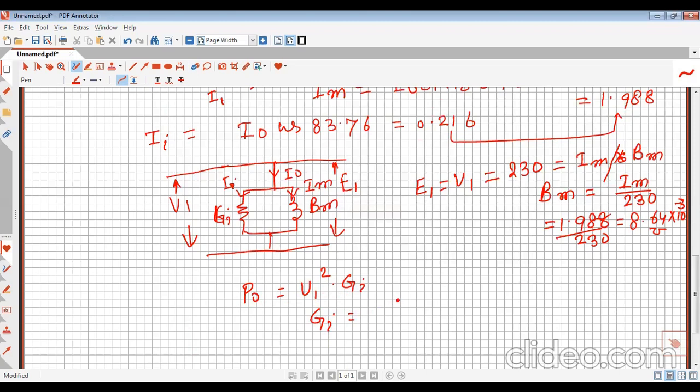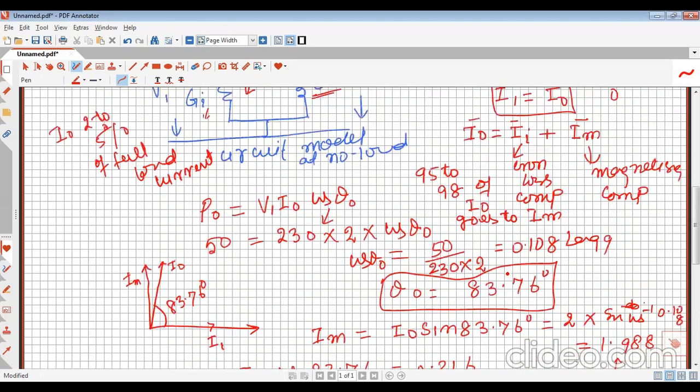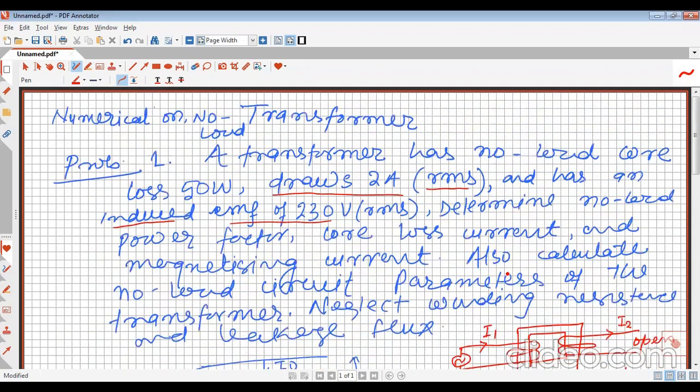P naught is given as 50, and the no load voltage is known as 230. So we have to square it, and after solving this we will get 0.945 into 10 to the power minus 3 mho. So this is a very interesting question. For no load, everything is calculated in this problem. This problem is taken from the Nagrath Kothari book.